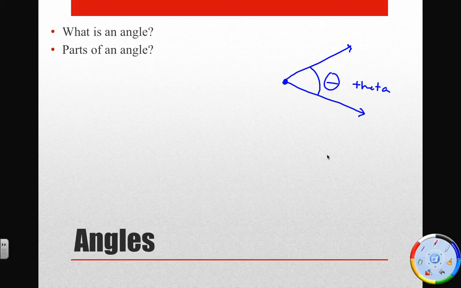So there are different parts of an angle as well. Like I just said, this is a vertex. That's the point where the two rays meet. And when we start looking at the angles, we're going to look at these two sides as two different sides. This is going to be my initial side. It's where I start.